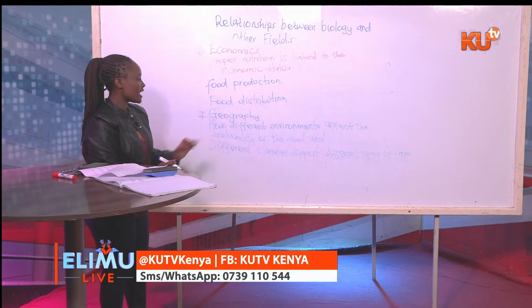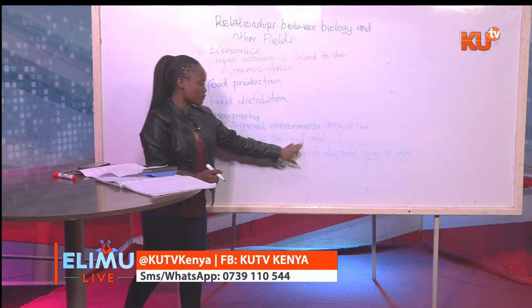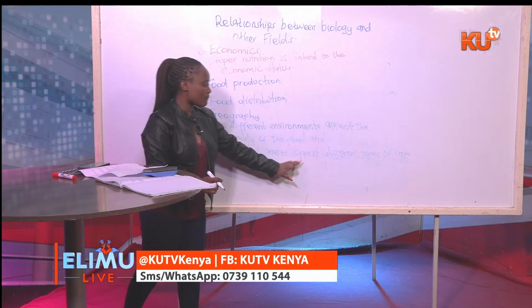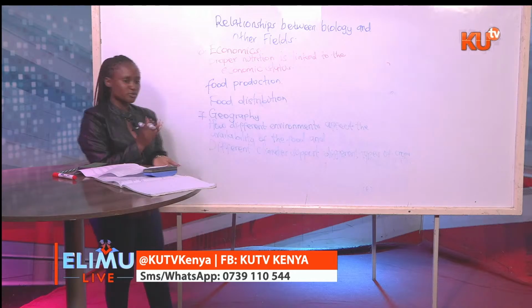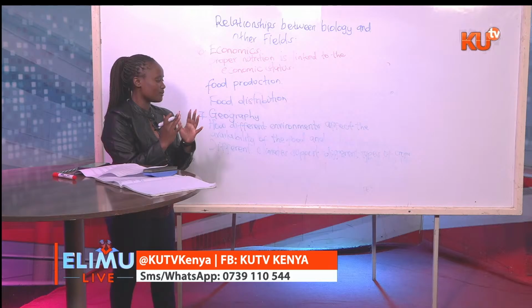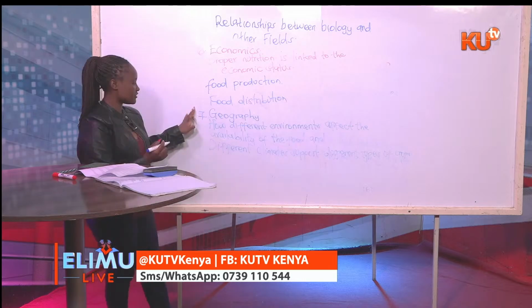This is how different environments affect the availability of food and the agricultural practices, and different climates support different types of food. So we are able to understand how a certain climate is going to support the production of maize, or beans, or tea and coffee through geography. That is how biology is related to geography.